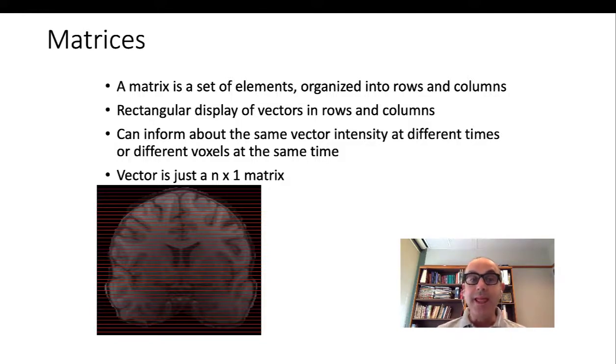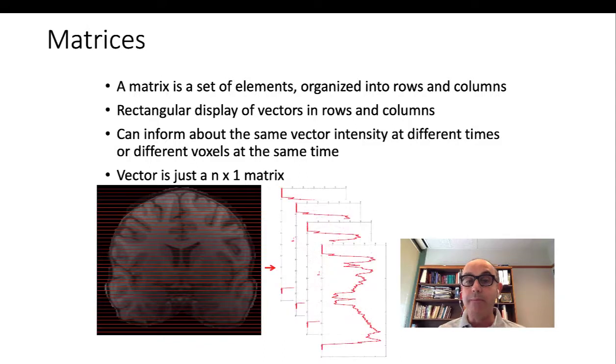It usually informs the same vector intensity at different times and different volumes at the same time. So a vector is just an n by x matrix, and this is really important for us to remember.